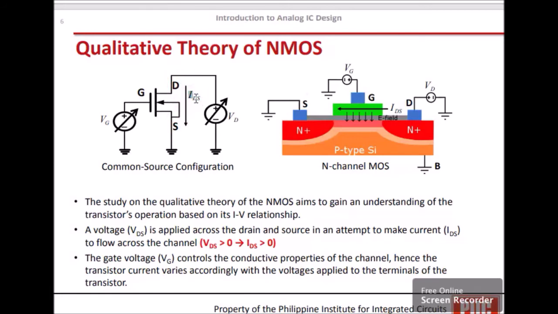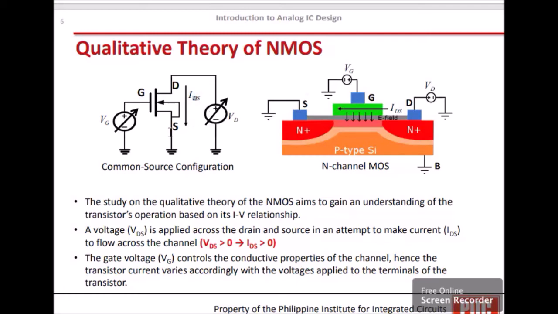Para magkaroon ng IDS, kailangan may VD. So, if VDS is greater than 0, IDS is also greater than 0. Kasi potential difference is just the energy that pushes your electrons, so mas greater yung energy na mag-push, mas marami din siya mapupush.